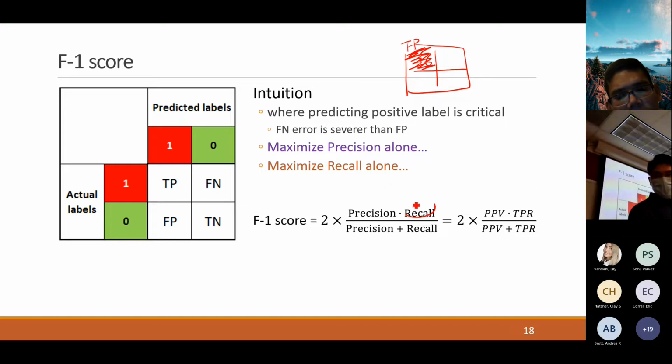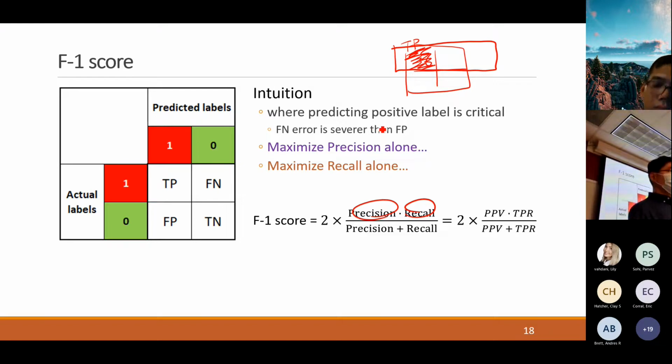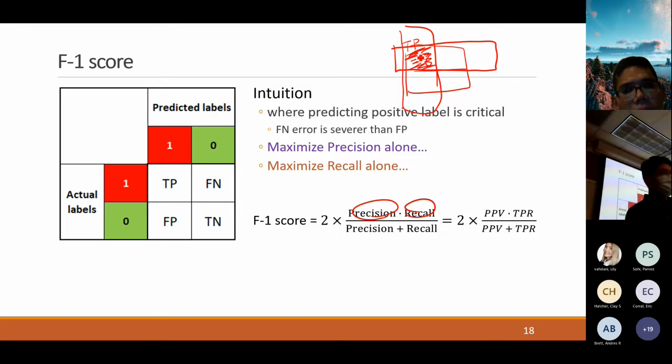So recall is the percentage of true positives in the first row. Precision, which is positive predictive value, is the correct positives among all the positive predictions. So in that case, it's the first column. Still, it's a percentage of true positives among the positive predictions. So the focus is all the positives, true or false, right?